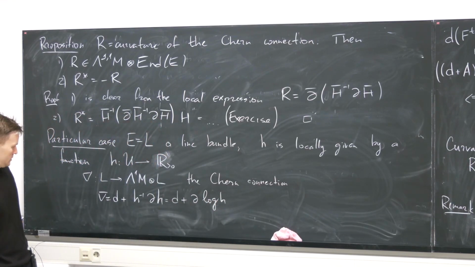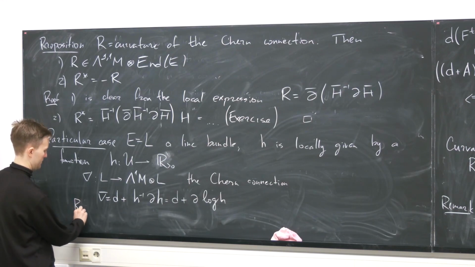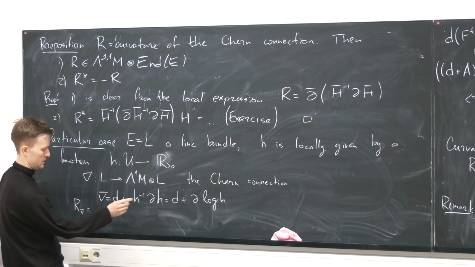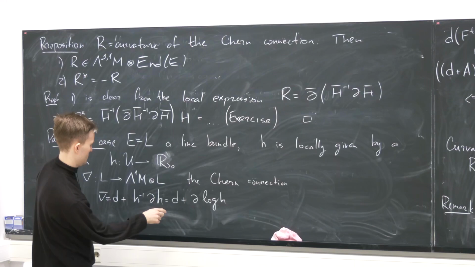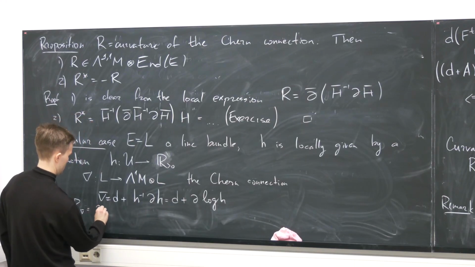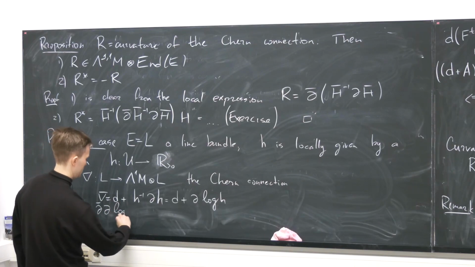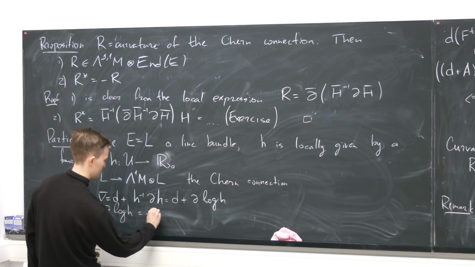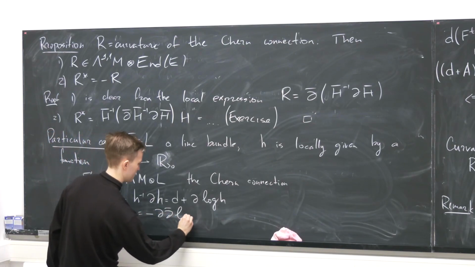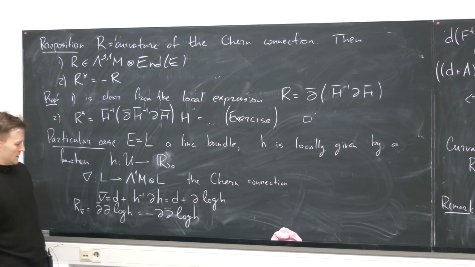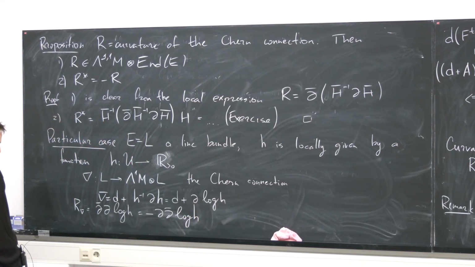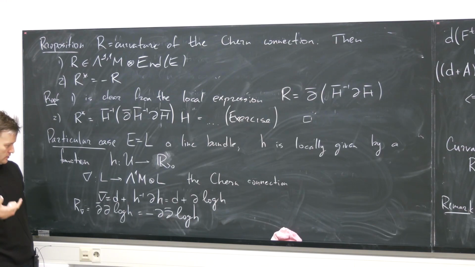And then the curvature of this nabla is just del bar del log H. So you see that this curvature is again closed.